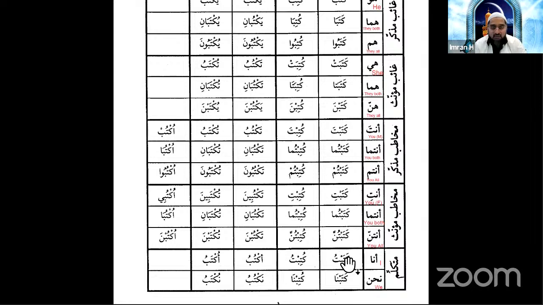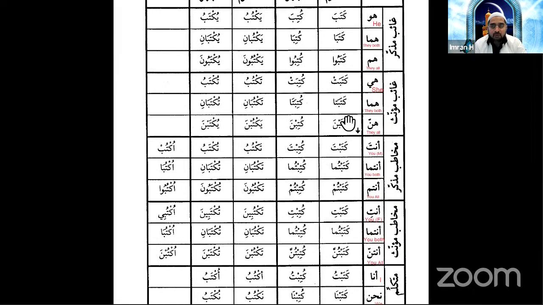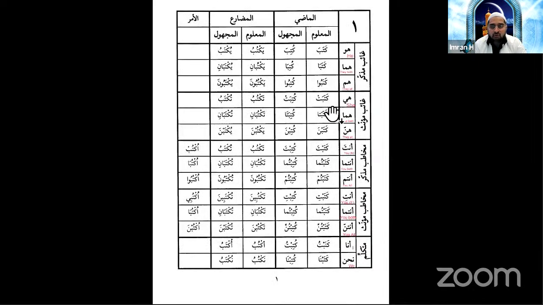Excellent. So these are all of the actual past tense verbs. Now as we go through them, when we say madhi ma'loom, the word al-ma'loom means active verb. An active verb is a verb whose doer, the person doing the action, is known.